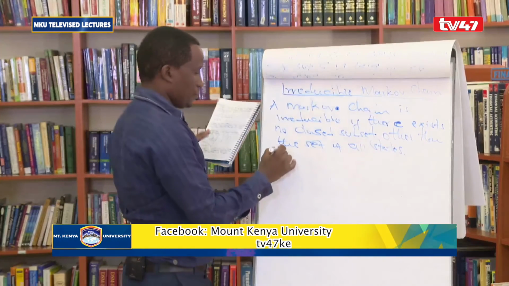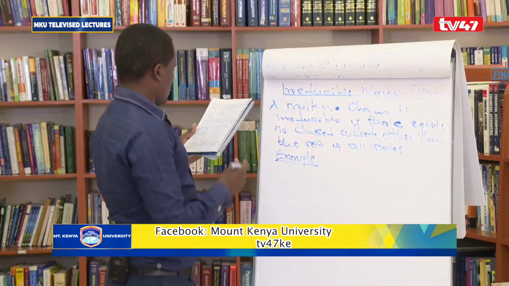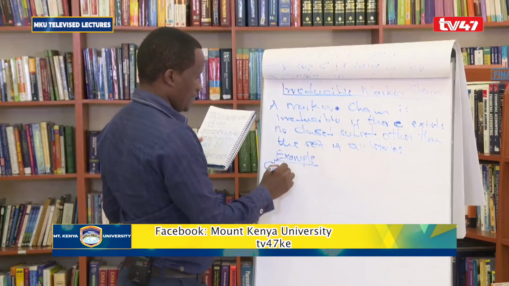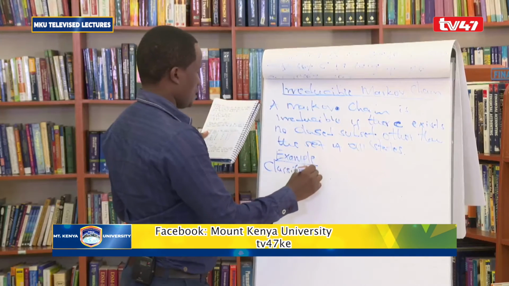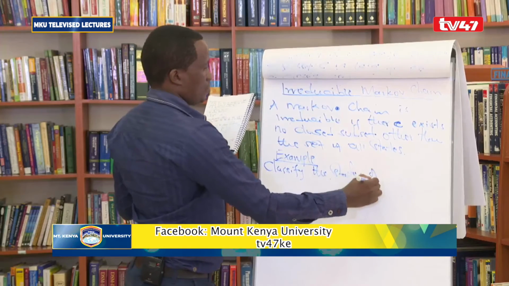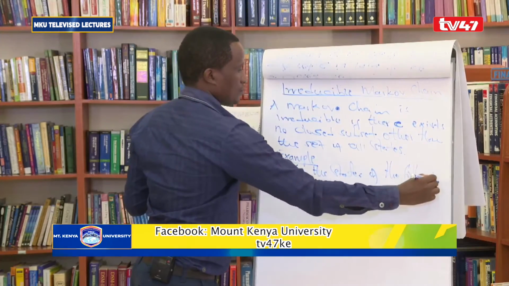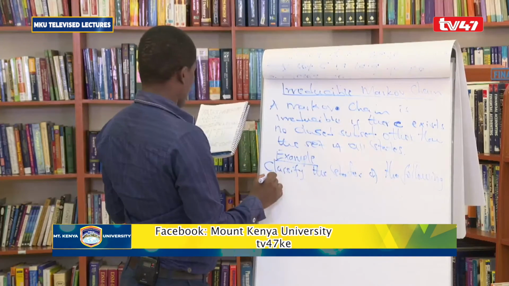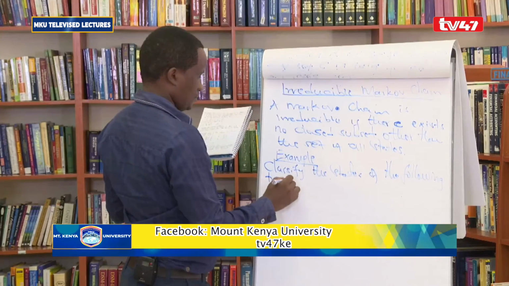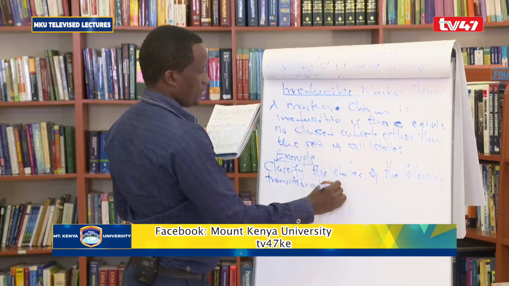Look at an example. To classify the states of the following transition probability matrix.